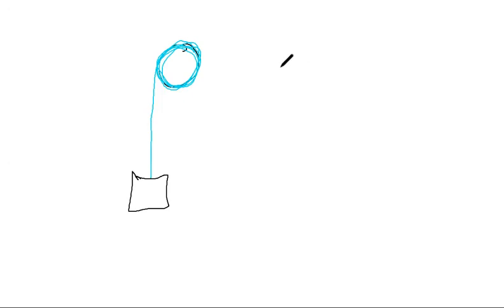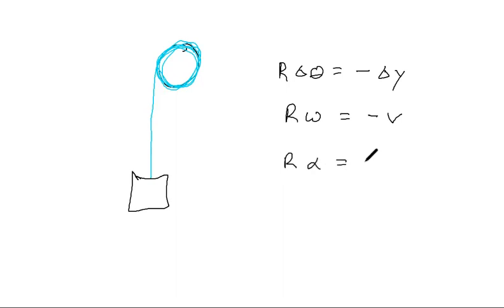So what we find in this case, because we've wound it the opposite way, is that r delta theta equals minus delta y, and r omega equals minus the velocity, and r times alpha equals minus the acceleration. So watch your minus signs.